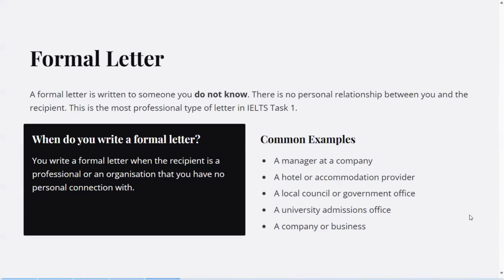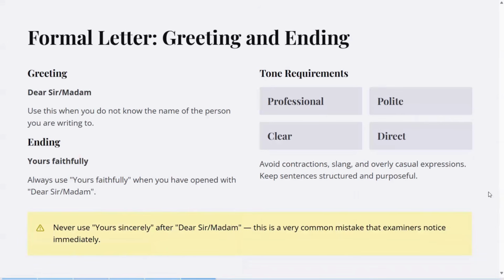The candidate shouldn't write as if they were talking to a friend. In a formal letter, the safest greeting is "Dear Sir/Madam," and the correct closing is "Yours faithfully." This detail is very important.